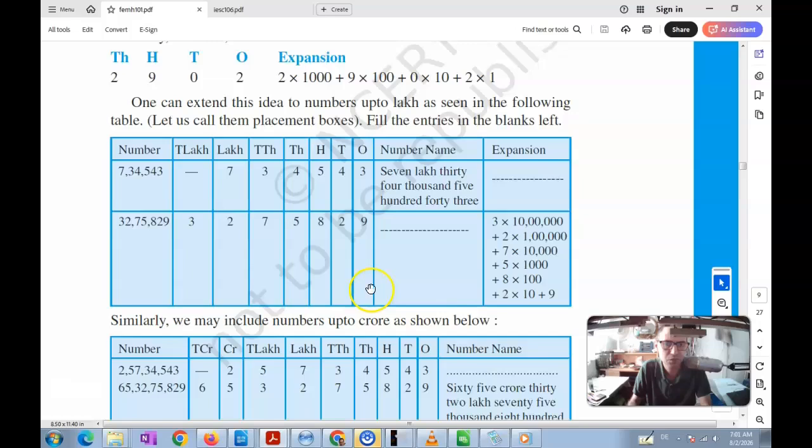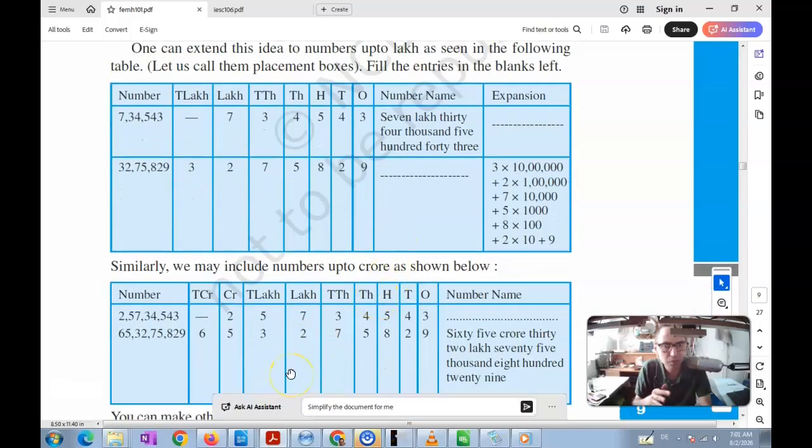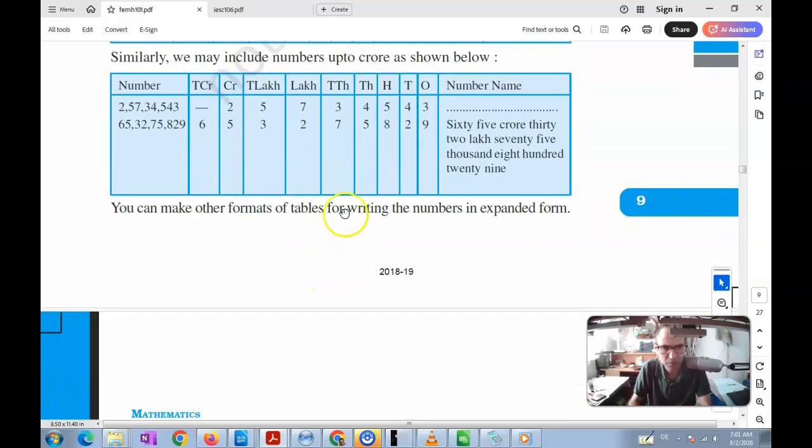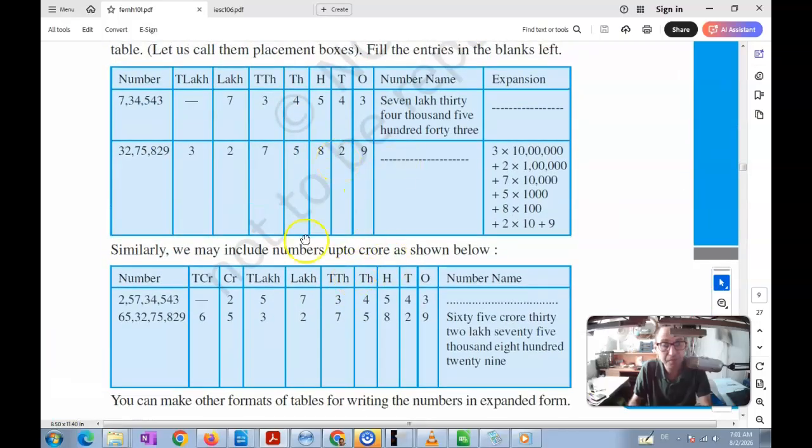You can even expand your table to contain other things. It's all your own decision, but normally and practically nobody does this kind of thing.